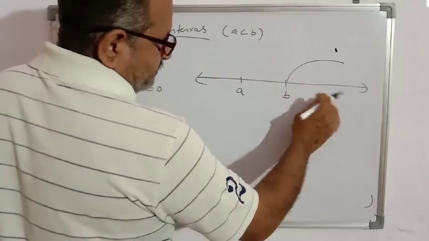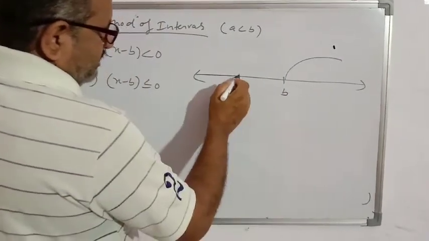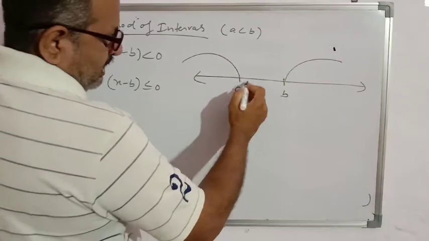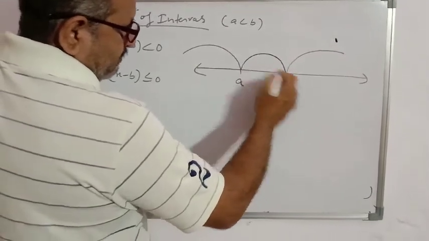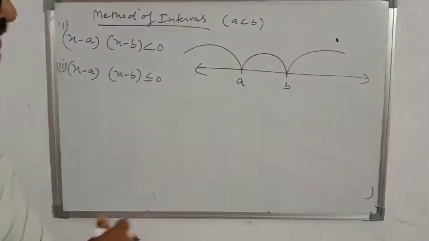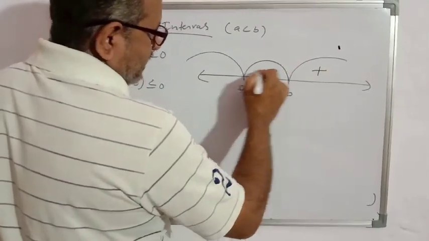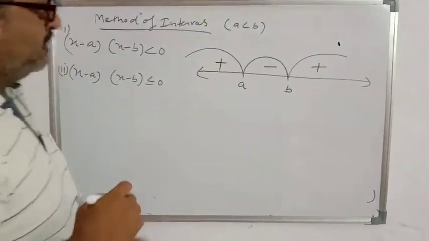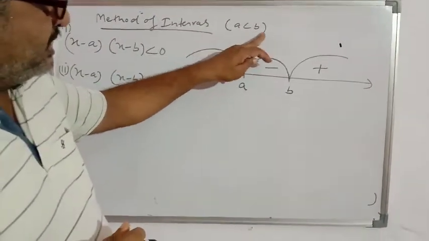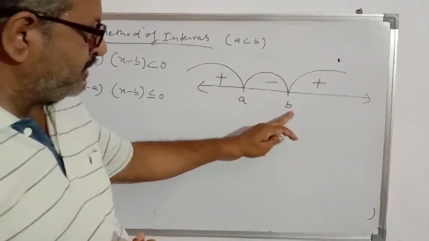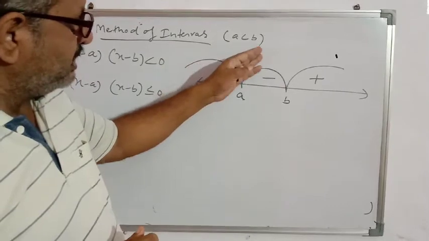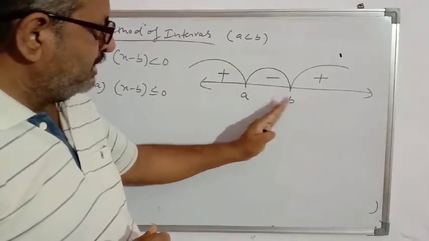One part is right of b, another part left of a, and the middle part that is between a and b. So from the right side we will take alternate positive, negative, positive. Again listen, a less than b, so mark these two real numbers a and b. A is smaller than b, so a we have to write left of b.